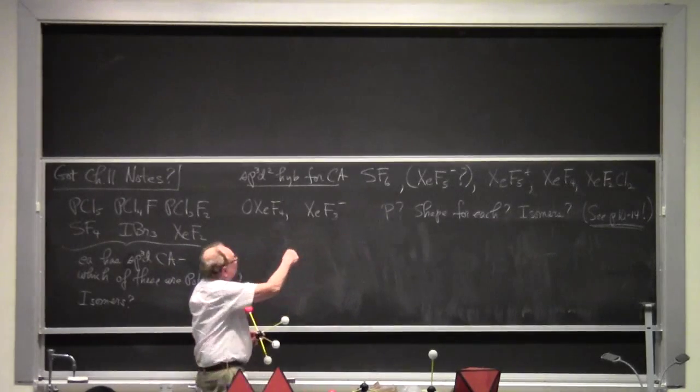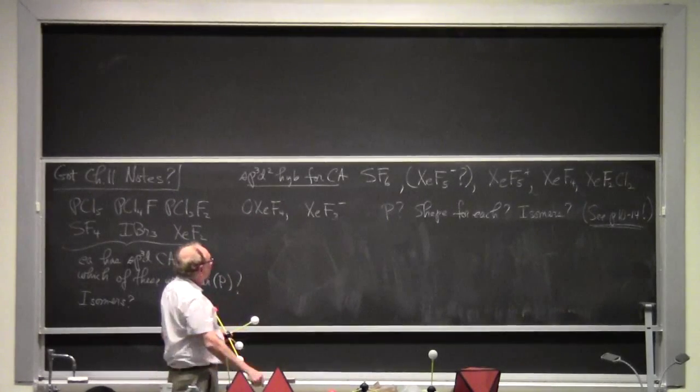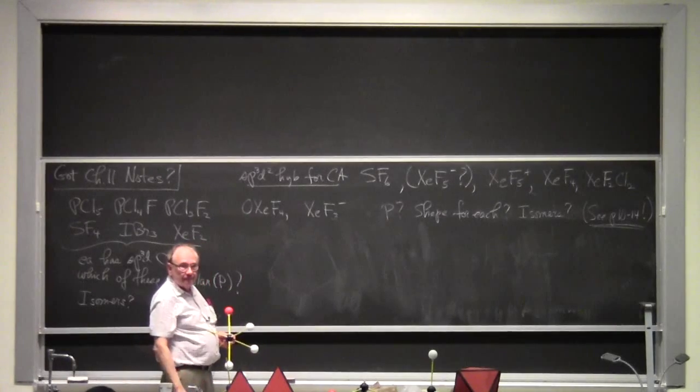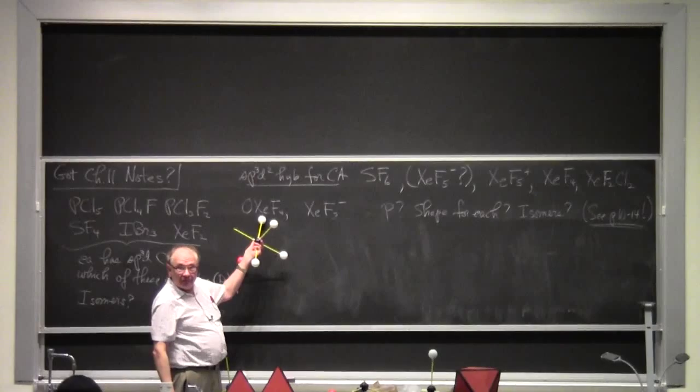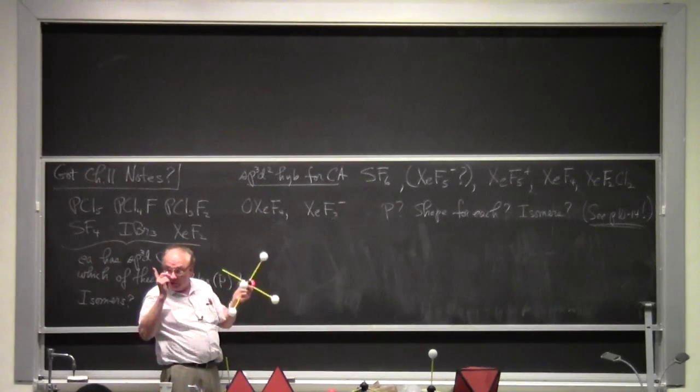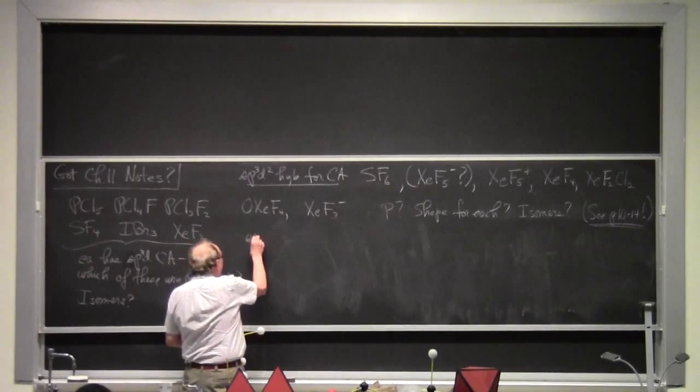All of these things have sp3d2 hybridized central atoms. Okay? And what shape? What shape is it? Square pyramid, right? Now we've got 5 peripheral atoms and 1 non-bonding pair. Square pyramid.